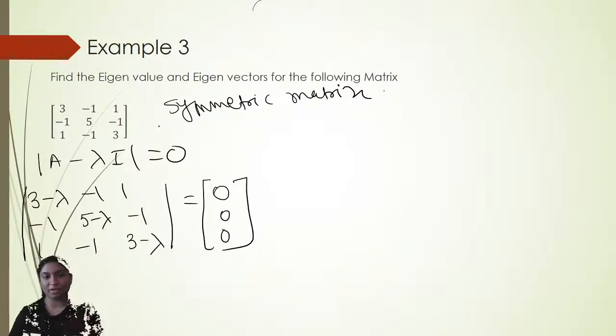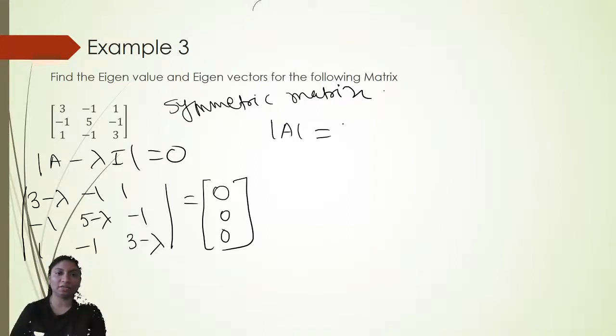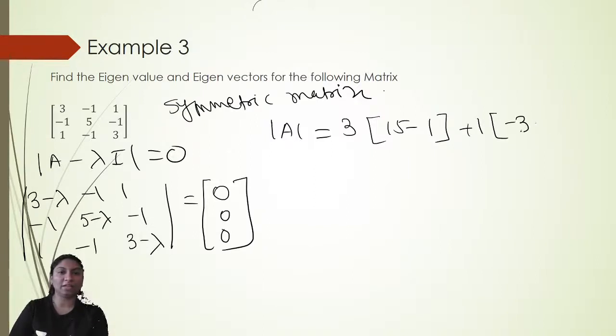First of all, we will calculate the determinant of A, S1, S2, S3. So our determinant of A is equal to 3 into 15 minus 1, minus of minus 1, it means plus 1, into bracket minus 3 minus minus 1, plus 1 into bracket 1 minus 5.